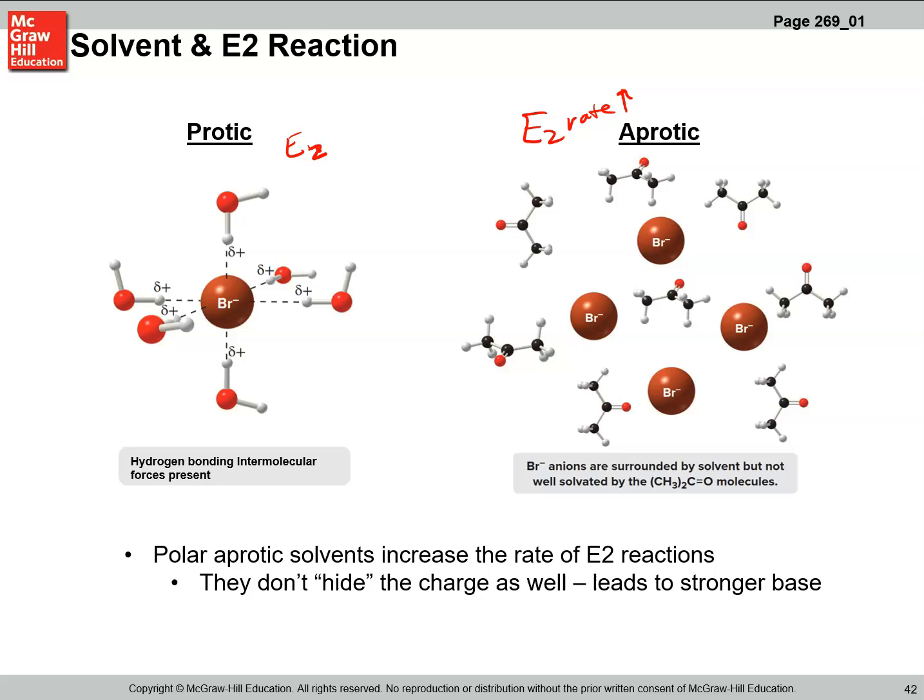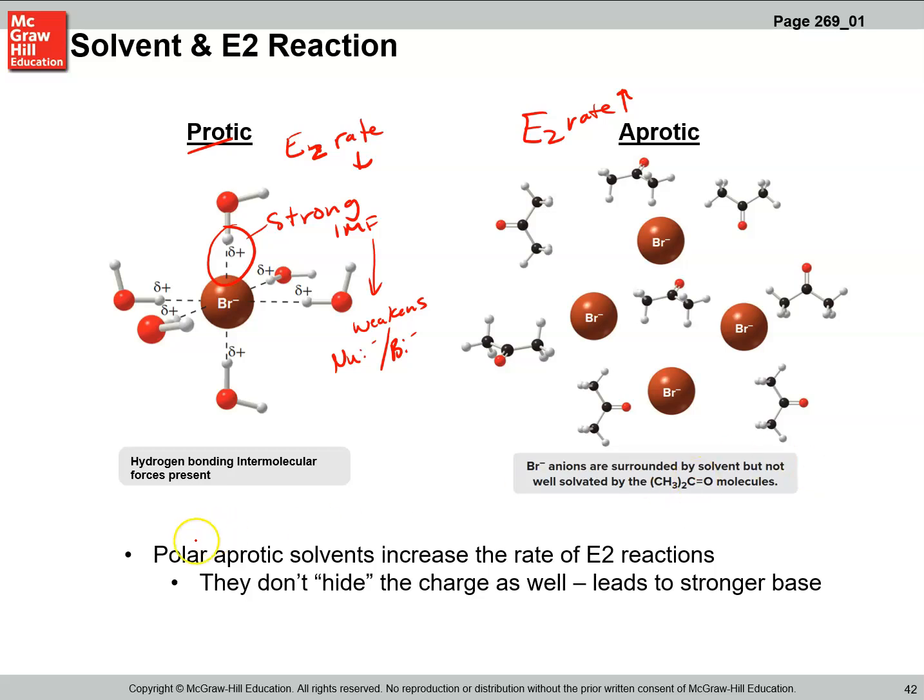E2 rate decreases for protic solvents because we have this strong intermolecular force that prevents it from acting as a strong base. So it weakens our nucleophile or our base, right? So it does that for both of them. So just again, coming back to the solvents, if you see those, that can influence the rate at which these undergo the reaction.